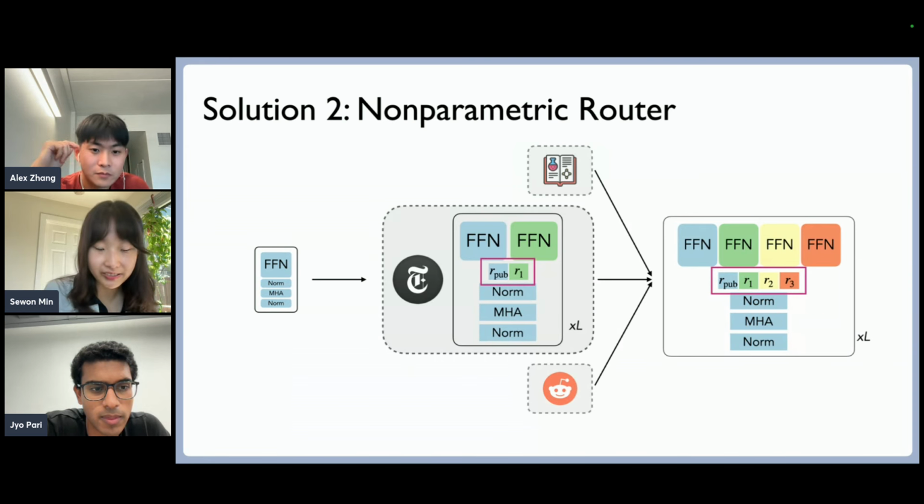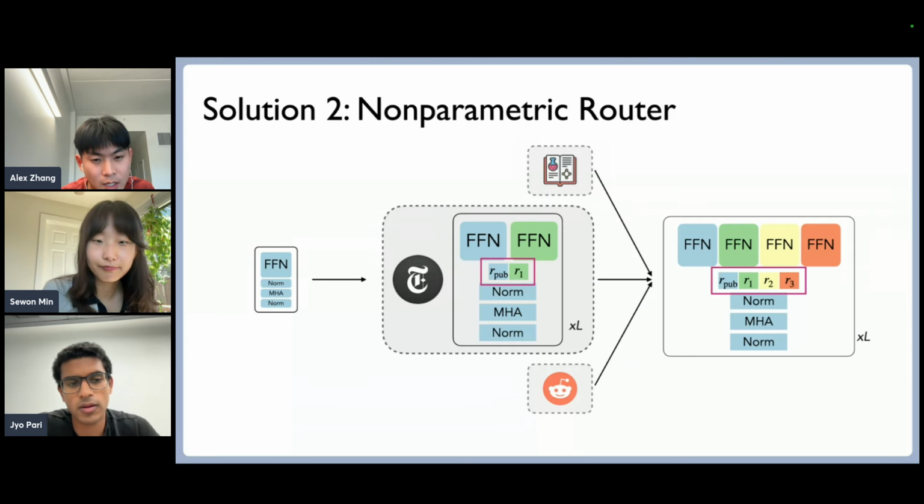Yeah, R_pub is fixed. I see. And so then when you train the new routers for the specific data sets, is there some kind of potential bias going on here?